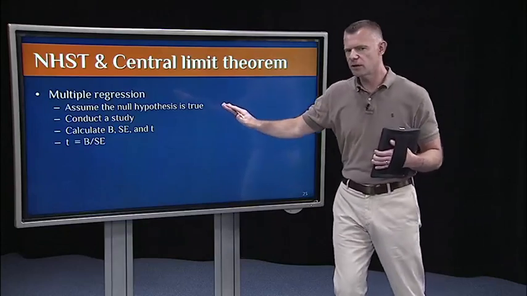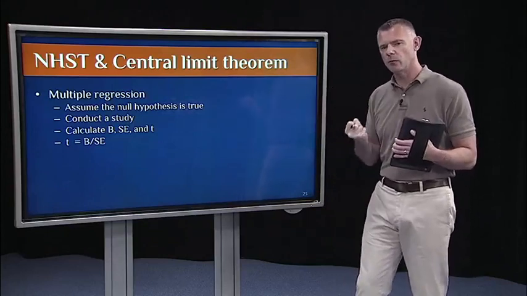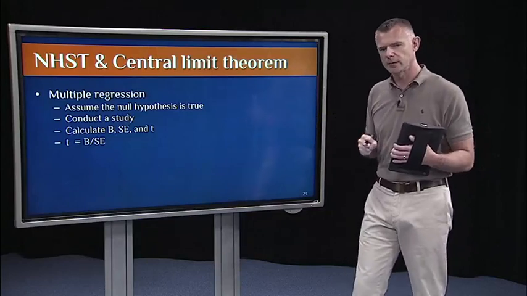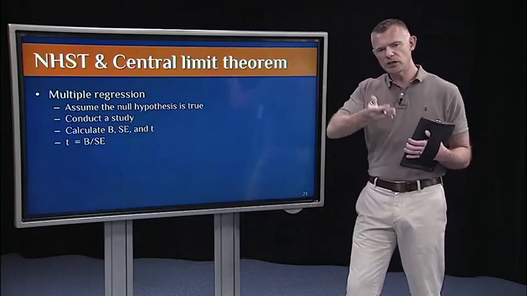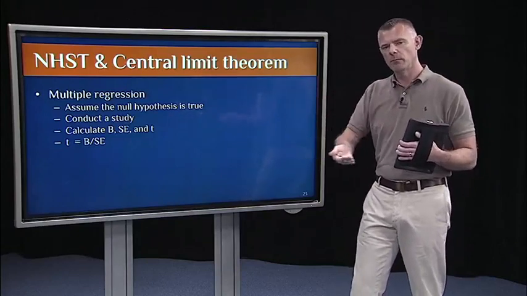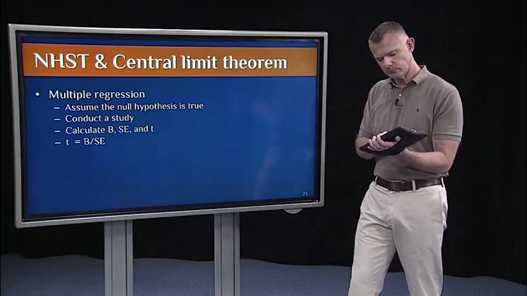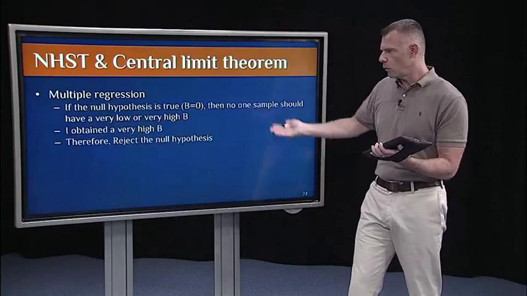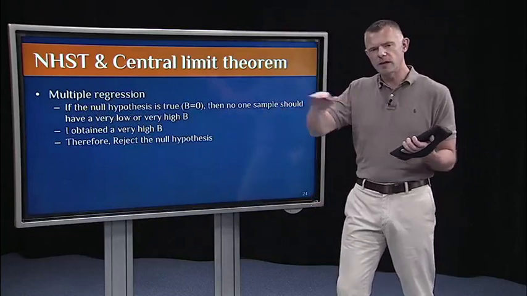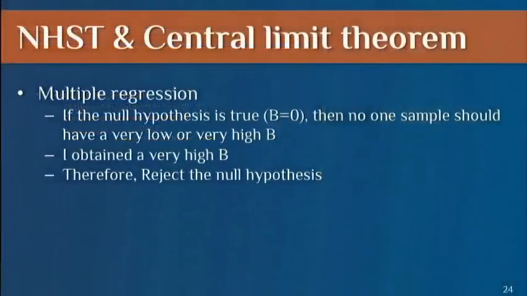But it's this conversion from the t-value to the p-value that we need to solidify in this last segment. Each t-value has a corresponding p-value, but it depends on the sample size. We start out with this assumption: if the null hypothesis is true, that would mean that in the population the slope is 0.